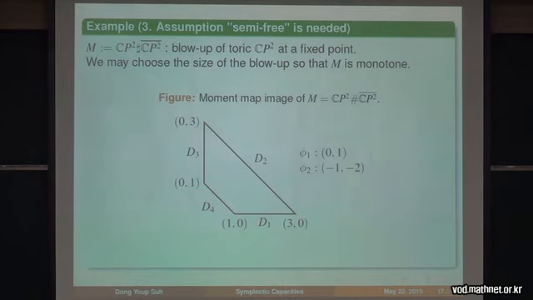So now I'm going to restrict this action to two different circle actions. One is generated by phi1, which means forget about the first S1 action, and keep only the second S1 action. And phi2 is a circle action generated by (-1, -2).